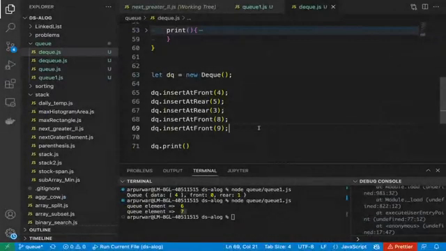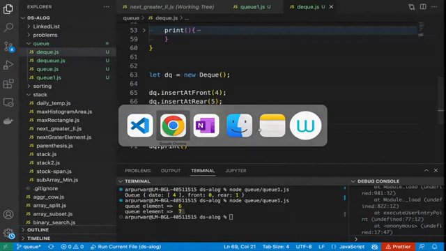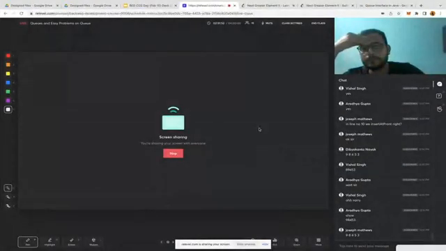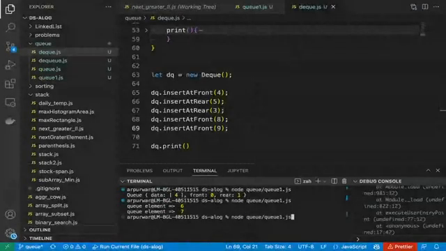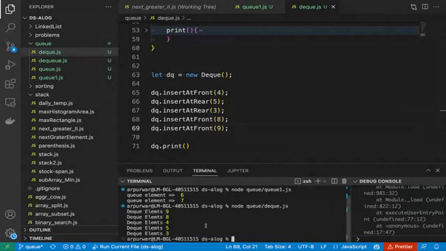Insert at front, insert at rear, insert at rear, insert at front, insert at front. Yes, so 98453 would be the answer. Totally right. Vishal has given a wrong answer by the way, but he has realized it, I think. Let's see, 98453. Correct, guys.